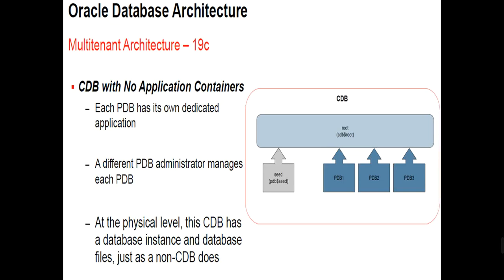In the previous slides we saw a CDB with application containers. Now we can create the container database with no application container as well. Each PDB has its own dedicated application, and a different PDB administrator manages each PDB. At the physical level, the CDB has a database instance and database files just as a non-CDB does. Alright.